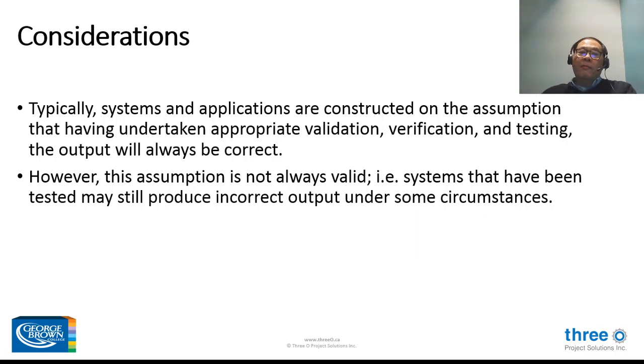Now this is the assumption, but it may not always be valid. Systems that have been tested may still produce incorrect output, so you want to be able to test the output at the point of display, depending on circumstances.